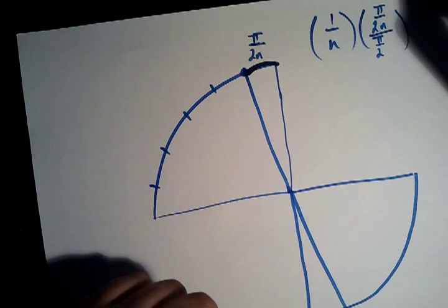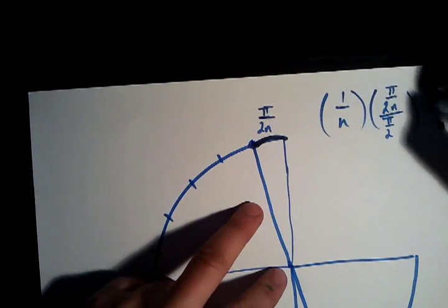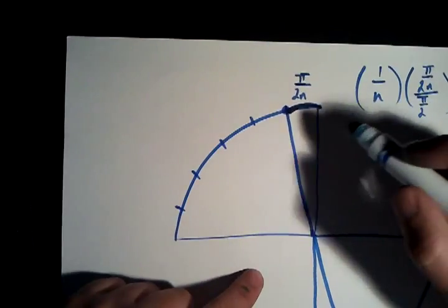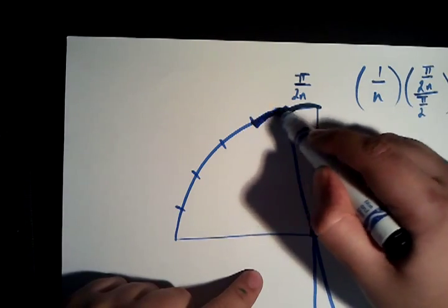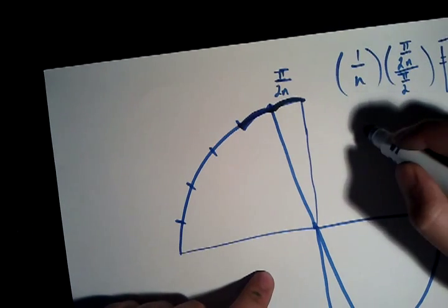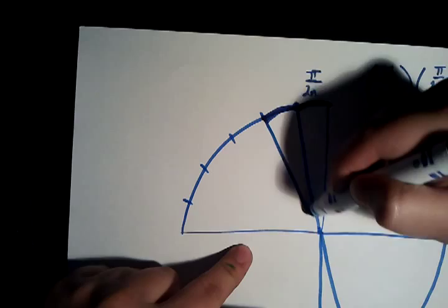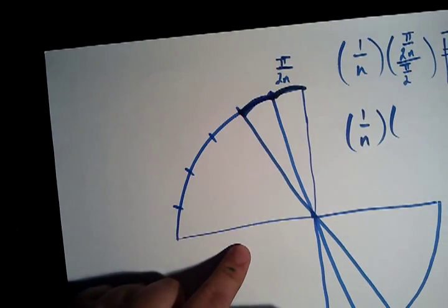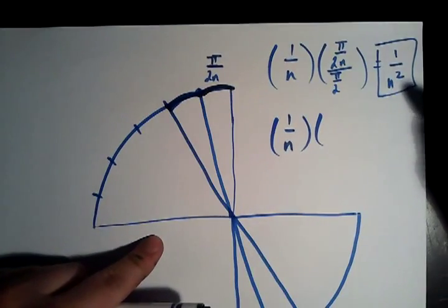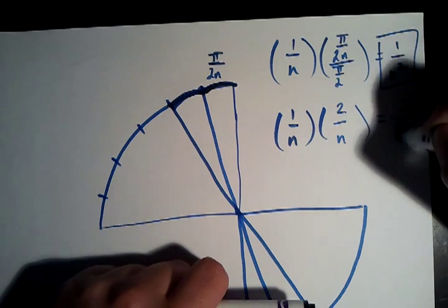Simplifying that, this is 1 over n squared. That is the first probability. What's the second probability? So the second probability is if it lands in this range. The probability of getting in that range is the same, 1 over n. And the probability that you're going to get in here is actually double of this one. So it's going to be 2 over n. So that equals 2 over n squared.